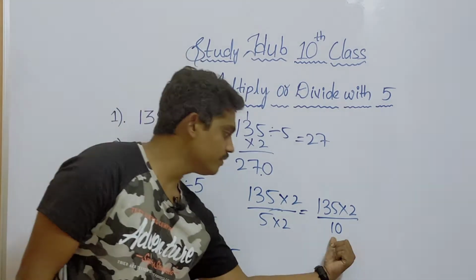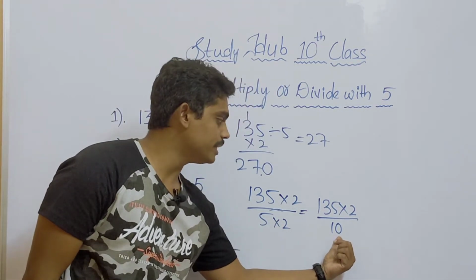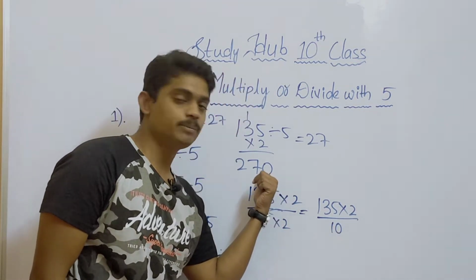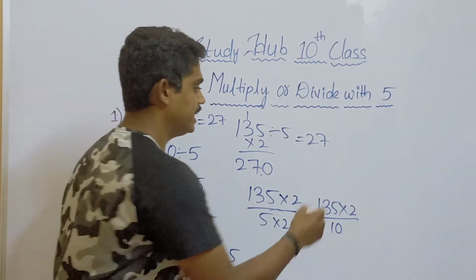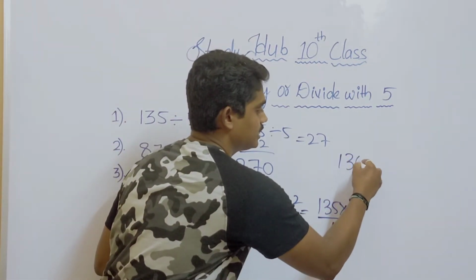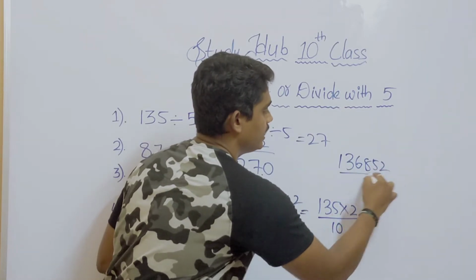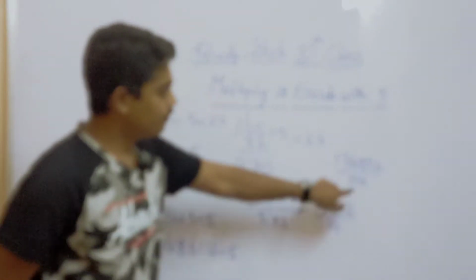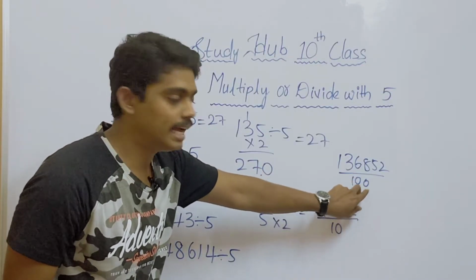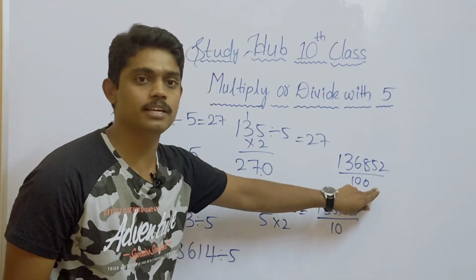See, if we have 10 in the denominator, we will get a decimal after the one value. For example, if we have 136852 divided by 100, how many zeros do we have in the denominator? 2 zeros.